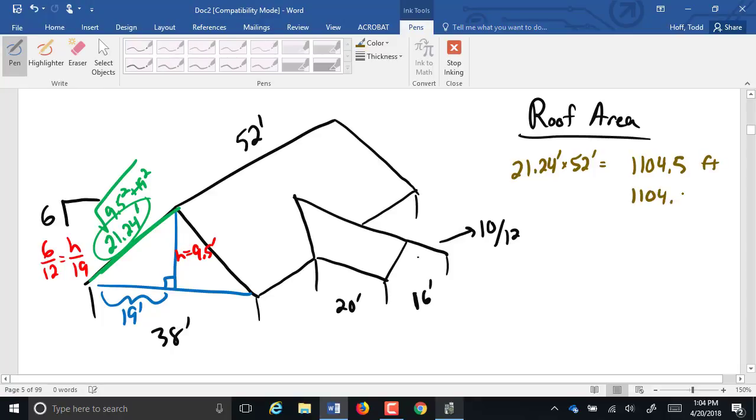Why am I writing it down twice? Yeah, because there's this side over here too, right? We're gonna have to correct that side by doing what? Yeah, there's a triangle in here where this dormer hits the roof that we have to subtract out, don't we? But we're also gonna have to add in the dormer itself.